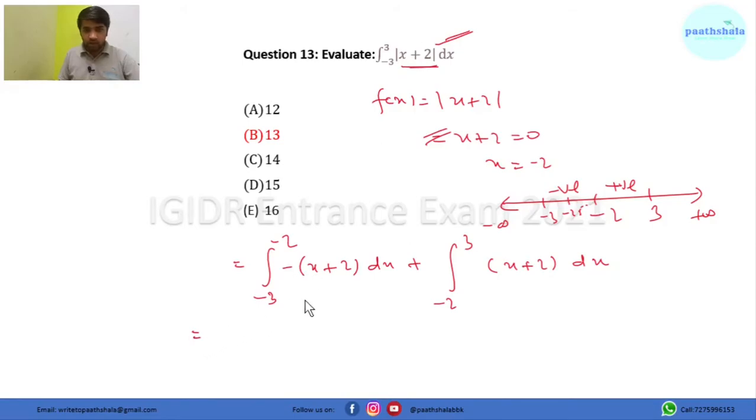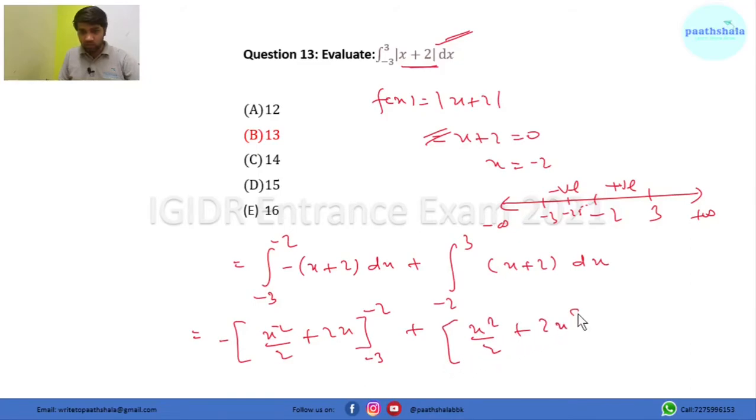Now integrating. This will come out to be minus, I'm taking it outside, x square by 2 plus 2x, with the limit going from minus 3 to minus 2, then plus x square by 2 plus 2x, with the limit going from minus 2 to 3. Now let's solve it further.